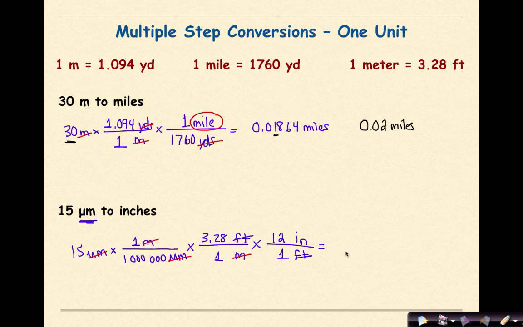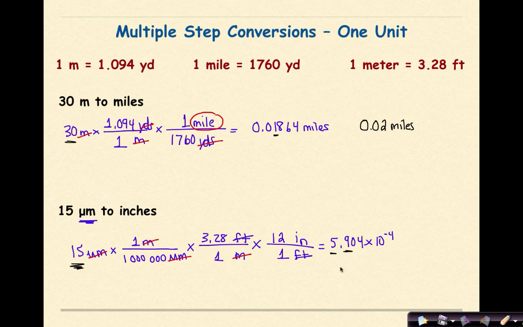So if I put that into my calculator, I get 5.904 times 10 to the negative 4. In mine, it came out in scientific notation. In yours, it might come out in standard notation. Either way is fine. But now we have to consider significant figures. So I have 2 significant figures to start with, which means I'm going to take the 5 into consideration.